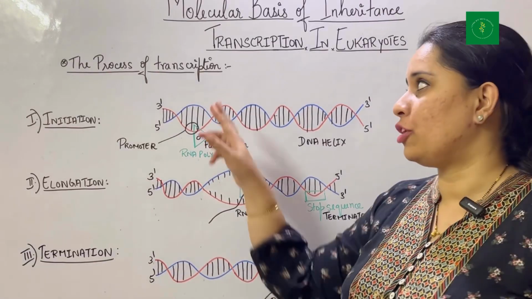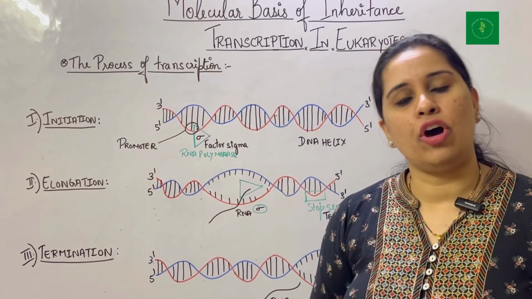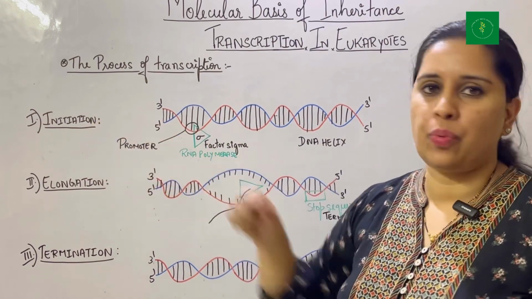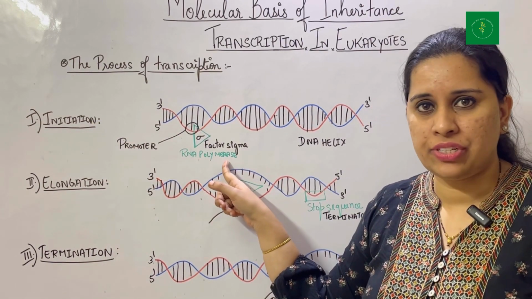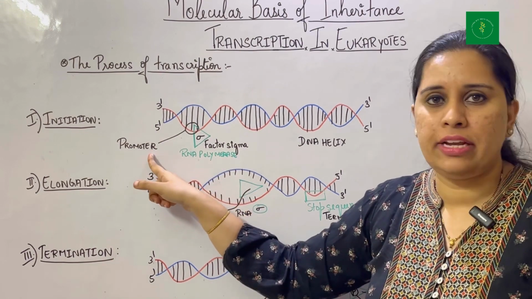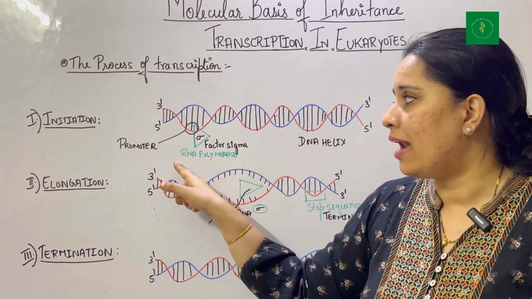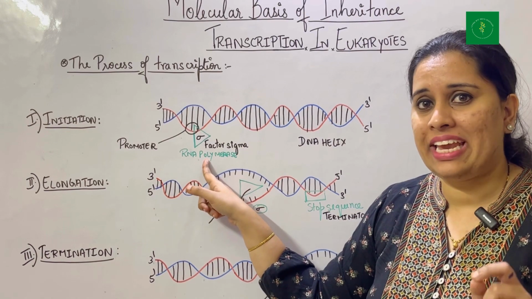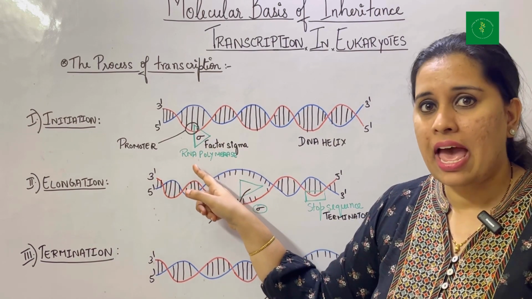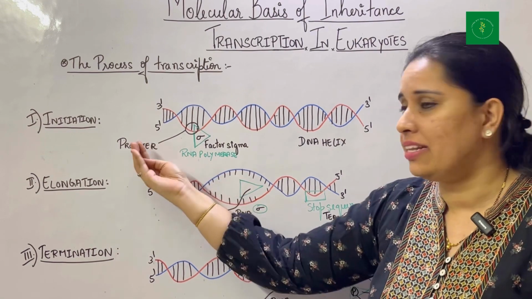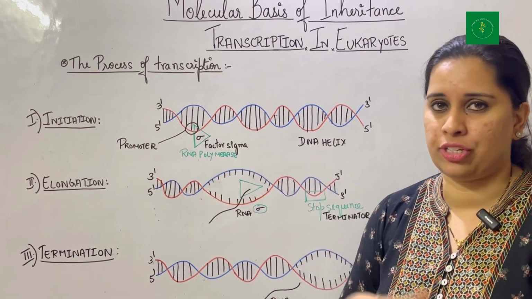Now coming to the process of transcription. The following steps are: first, initiation. Here, the RNA polymerase, which is an enzyme, binds to the promoter region. It also binds to the initiator factor, which is called the sigma factor. Now it can initiate the process, that is transcription.